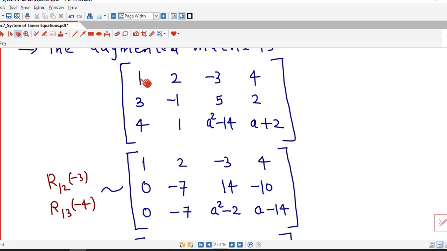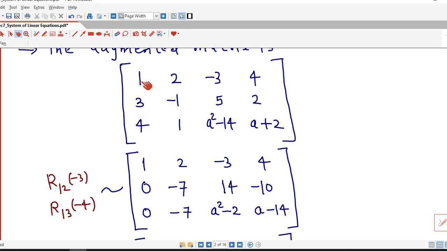So let's see, minus 3 plus 3 is 0. 2 into minus 3 is minus 6, and minus 1 gives minus 7. Minus 3 into minus 3 is 9, plus 5, that is 14. 4 into minus 3 is minus 12, plus 2, which is minus 10.